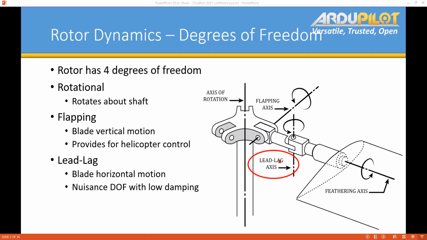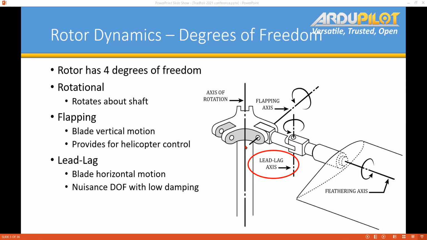The next is the lead lag degree of freedom, and that's the fore-aft motion of the blade in the plane of rotation. The plane of rotation is a plane that's perpendicular to the shaft, right? And this motion moves forward and aft in that plane. Really it doesn't serve any purpose other than to relieve stresses because of the flapping motion.